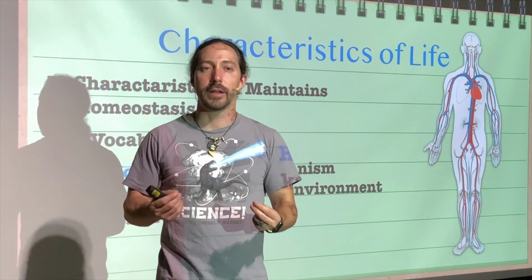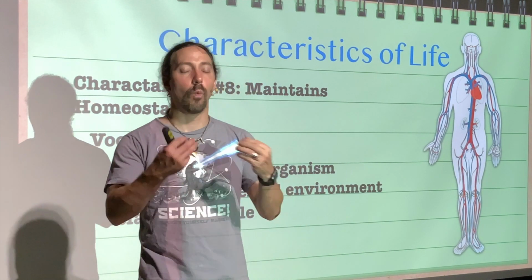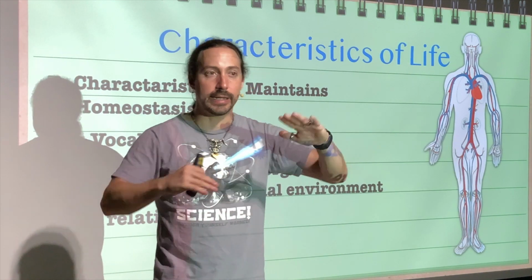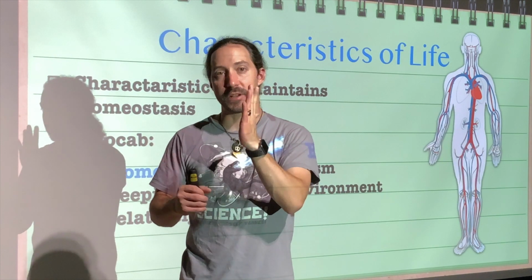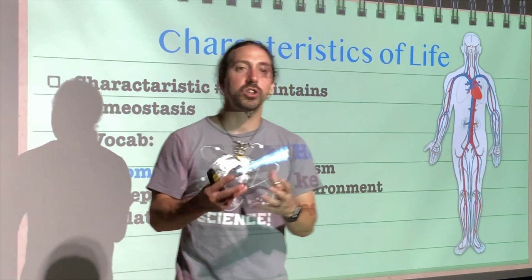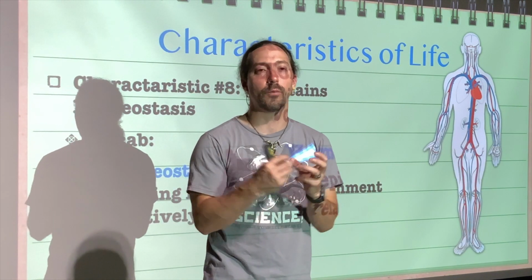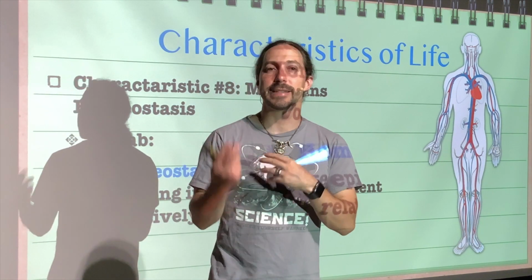The thing about it is, all life has to maintain what goes in, what goes out, and keep it stable. It can't have an excess of water going in. If a cell has an excess of water going in, it'll burst. It also can't have an excess of water going out, because then it will shrivel and it will not be able to do the functions it's supposed to do. And it's not just water.